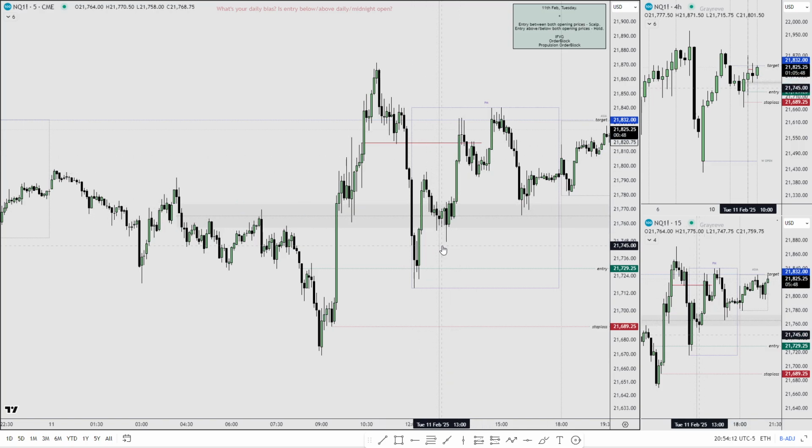It's not the best in terms of the comfort level, but it's still very comfortable because my entry was down here and price was up here. I understand that it's really, really comfortable, right? I received almost no drawdown, as you can see the candle bodies right here. They don't even close below my entry. It just wicked through a little bit, came back up, wicked through a little bit, came back up, and all the way.